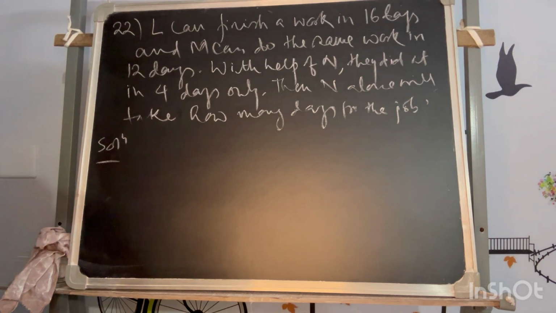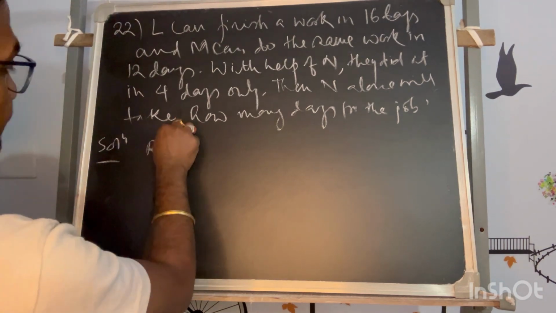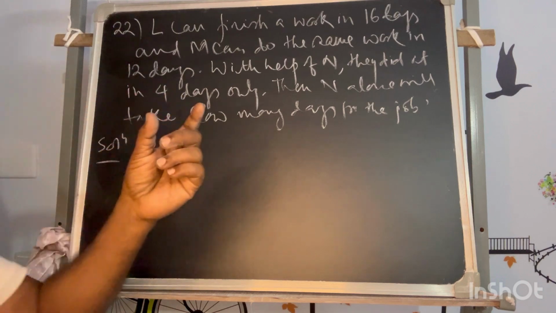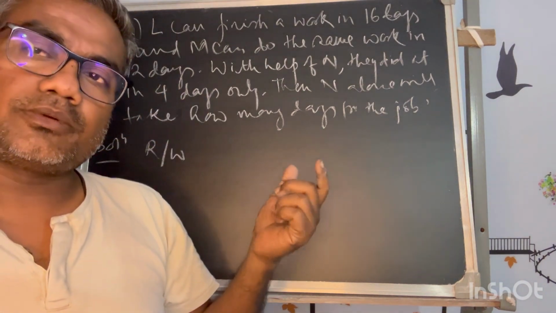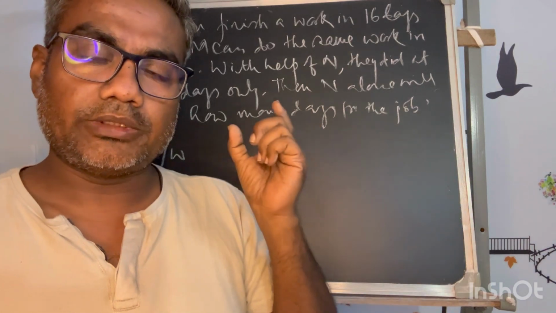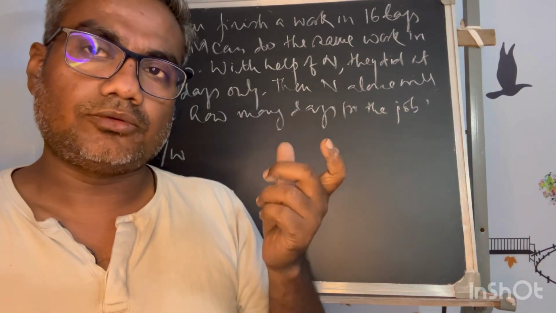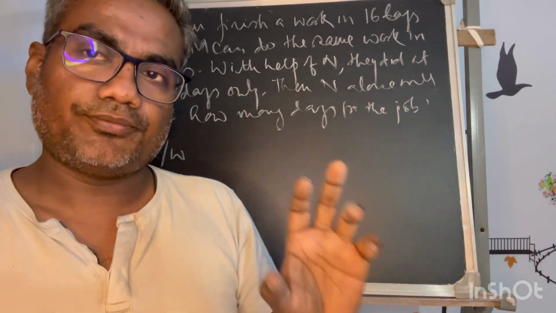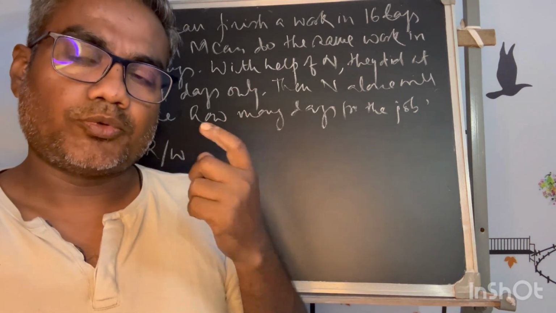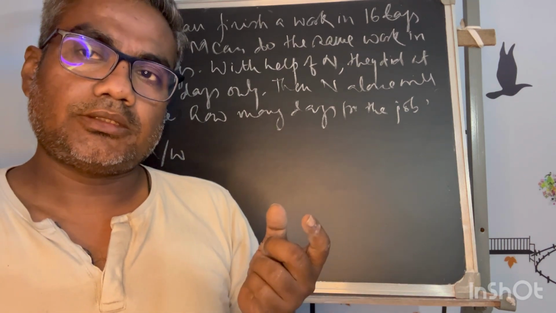L can finish a work in, so rate of work of L. Now you can see every time my way of solving the problem is based on the rate of work. Every time I'm trying to find the rate of work for any case, because that is the point which will connect.